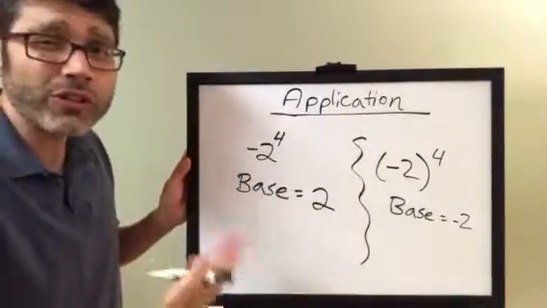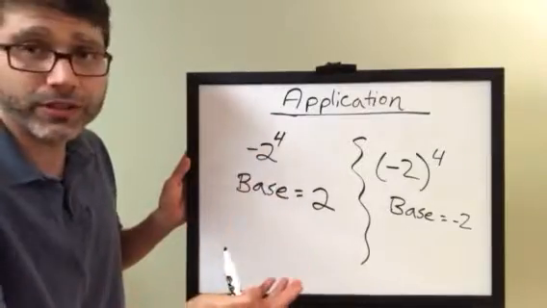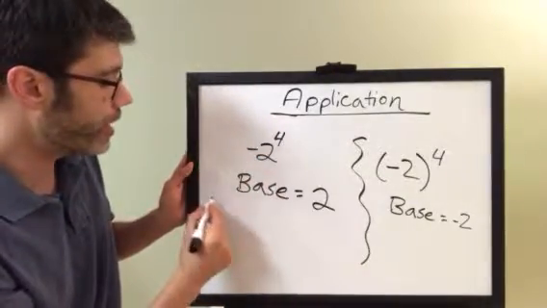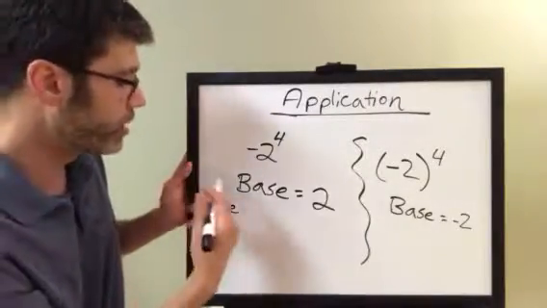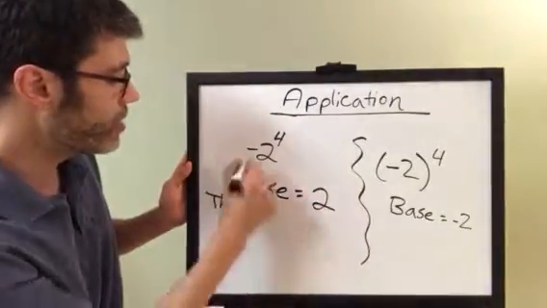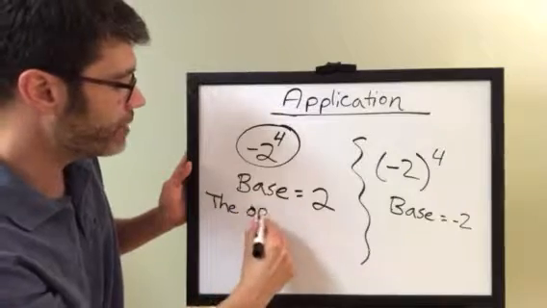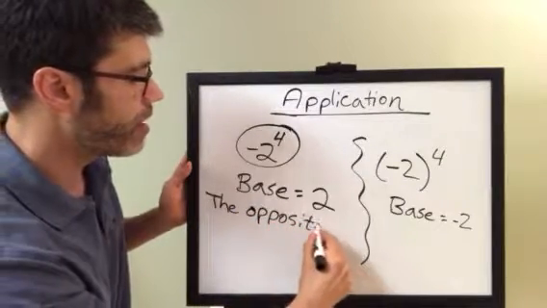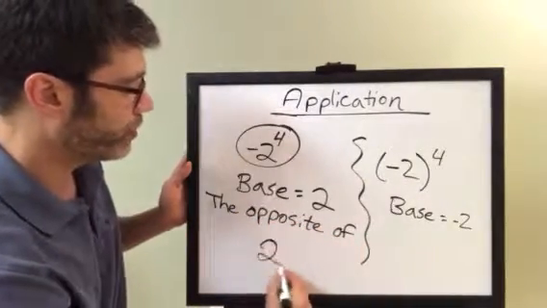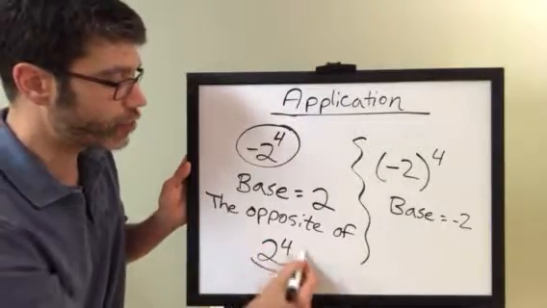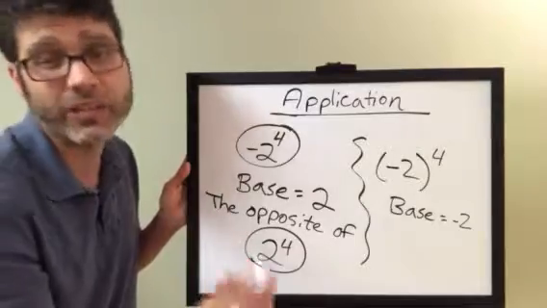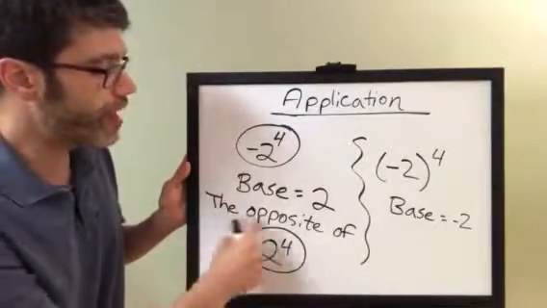So when you don't see a parentheses here, in terms of just verbalizing it, you could say this expression is the opposite of 2 to the 4th, okay? So if you wanted to, you could then figure out what 2 to the 4th is, which happens to be 16, and then you do the opposite.